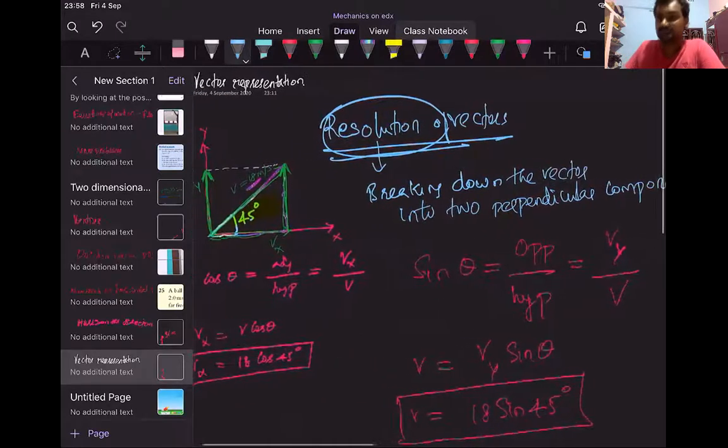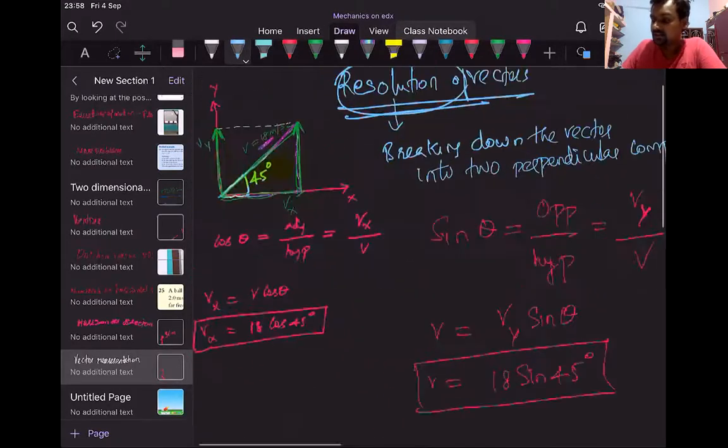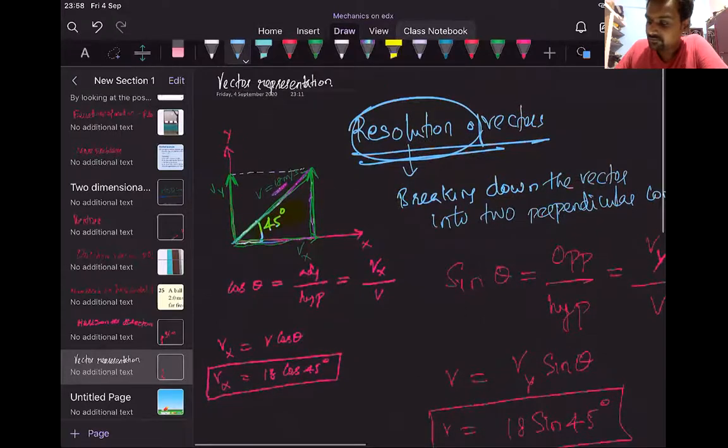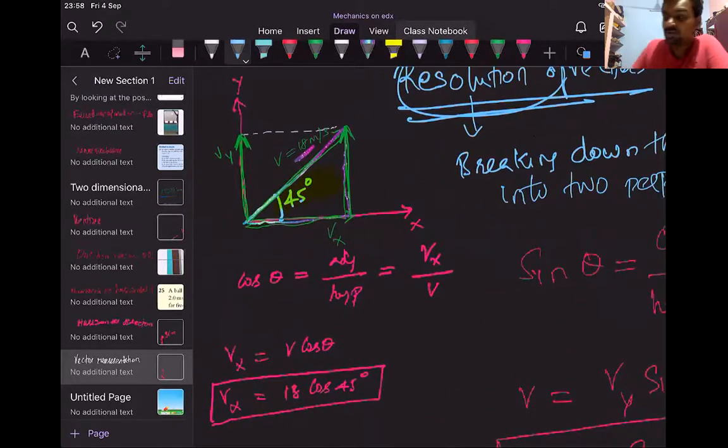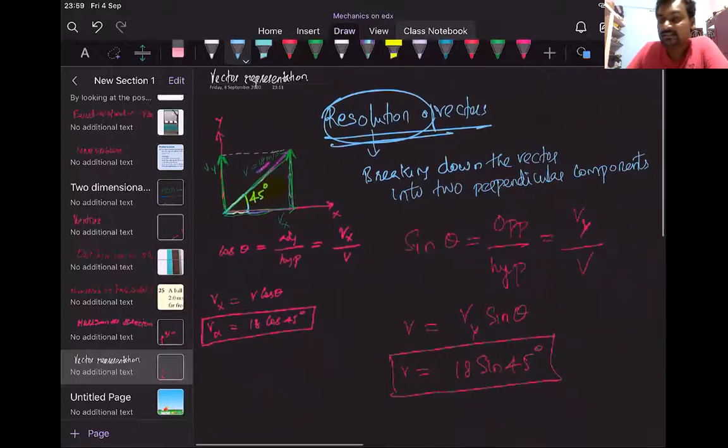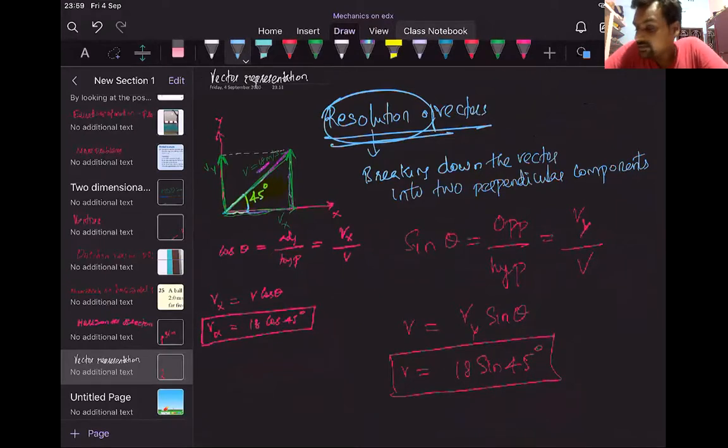You can clearly see I have broken down the velocity into two perpendicular components, one across the x-axis and one across the y-axis. This is a very important concept. And please remember, this holds true for all vectors, not only for velocity. We have done it for velocity, but it can be done for all vectors. I'll continue on this in the next video.